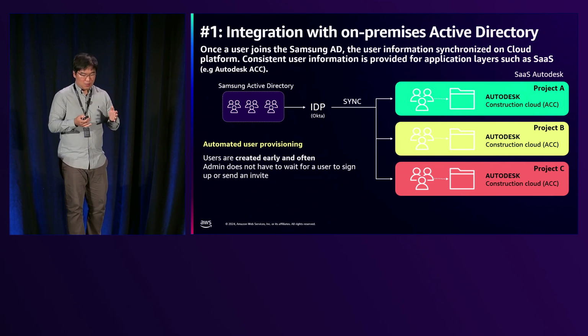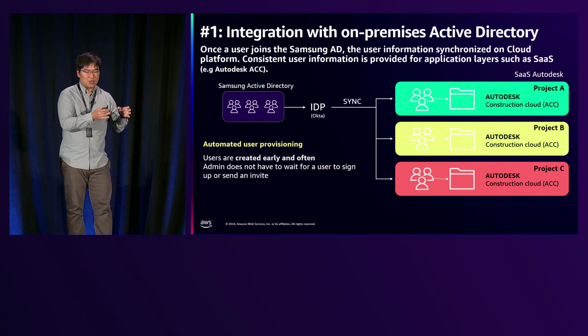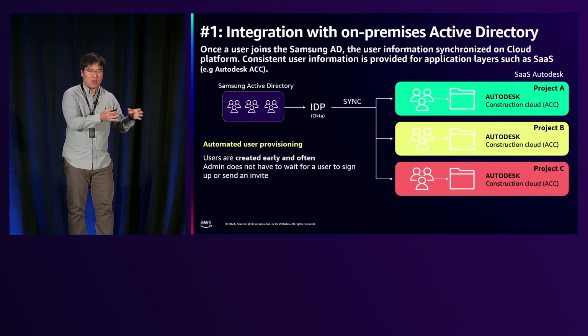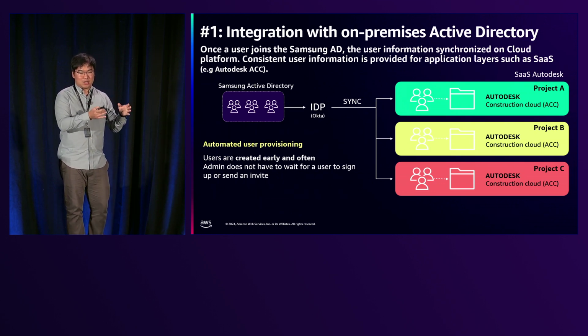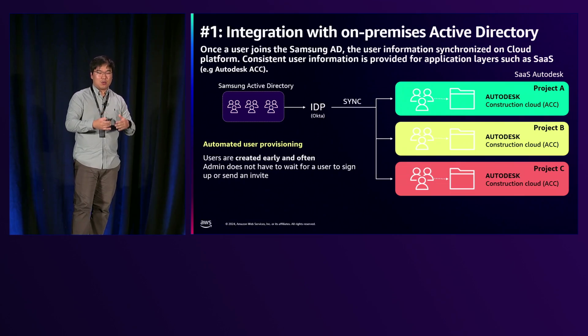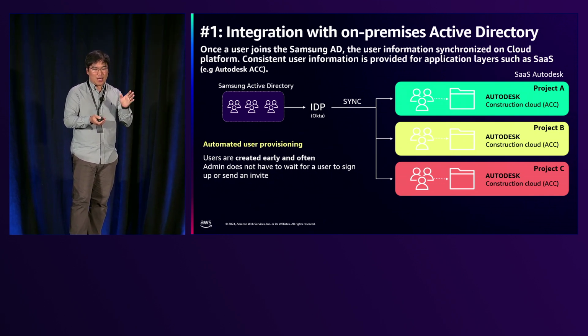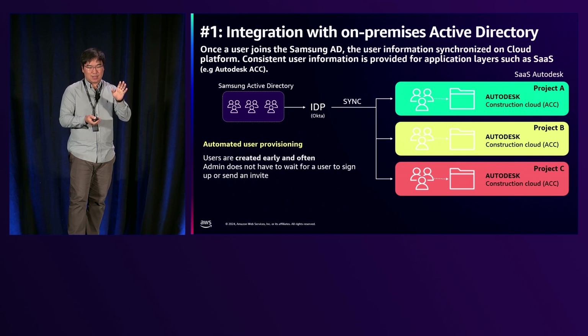In other words, because we are connecting our on-premise AD and the platform, and we are adopting another IDP solution like Okta for the SaaS synchronizing, we can use all the information consistently, not only for the IaaS system but also the SaaS system. By doing this, we can synchronize and also automate user provisioning. As you see here on the right side, if we add some user to the project in the Samsung AD system, then they also get the Autodesk license as well.